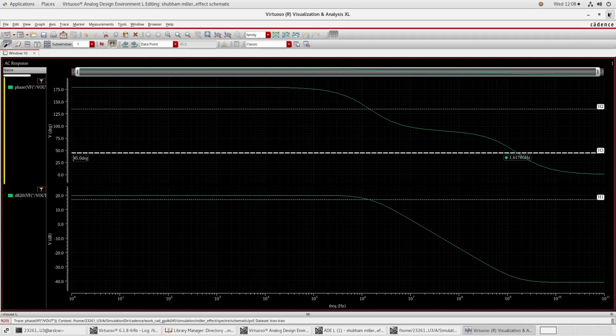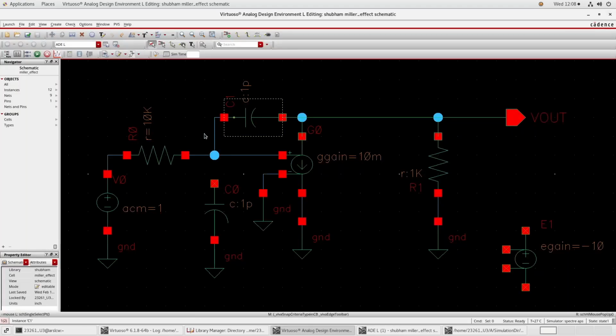So directly, the Miller effect you can apply to the dominant pole. The dominant pole frequency you will get nearly equal and close. But during calculation of the non-dominant pole, the output pole, you must short circuit this capacitance, and you have to calculate the effective output resistance at the output node.